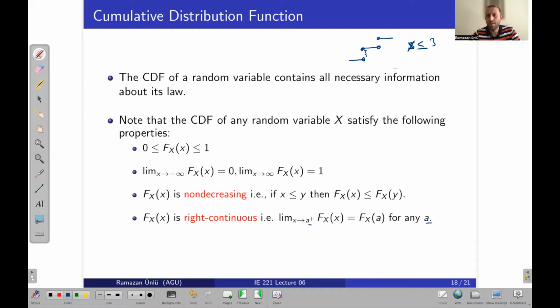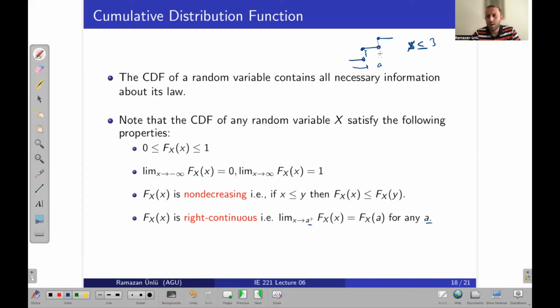Okay, so if you remember from the previous lectures, let's say this is the point a, and if I reach a from the left-hand side, this value will not be the same as this one.